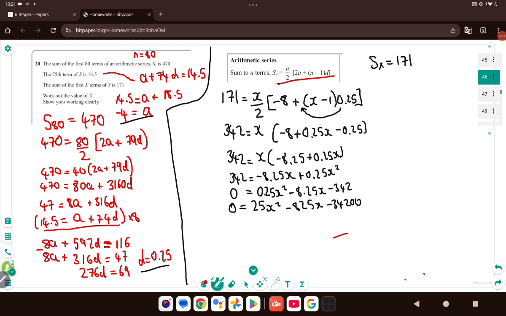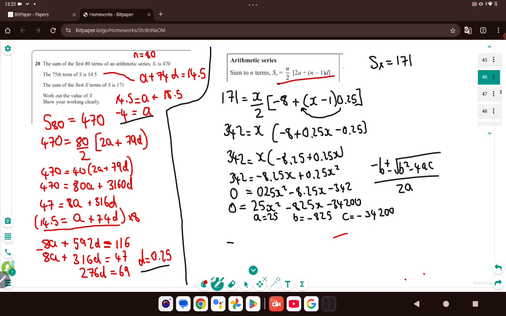I'm going to solve this using the quadratic formula. So I've got a is 25, b is negative 825, c is minus 34,200. We have some nice big numbers here.